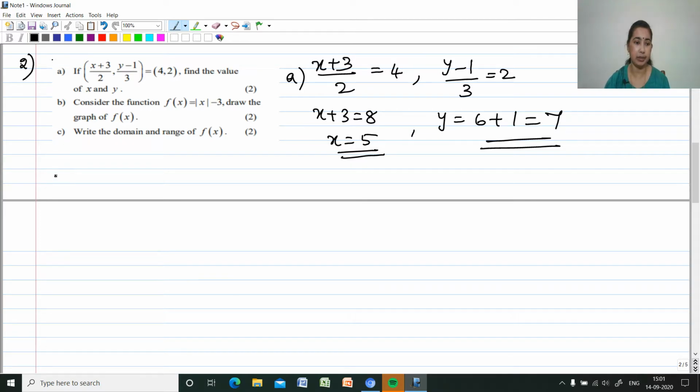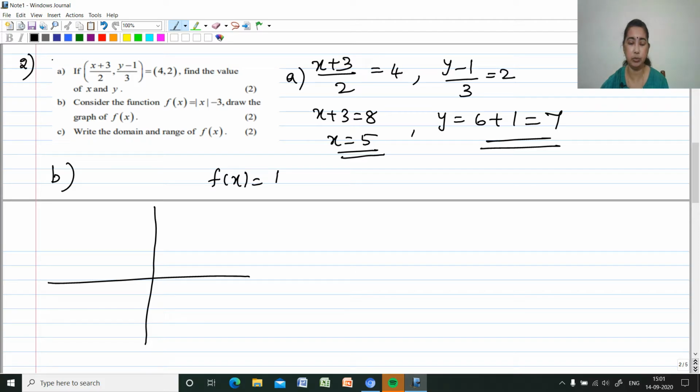Now see the second one. Consider the function f of x equal to modulus of x minus 3. How will the graph of mod x minus 3 be? If I put x equal to 0, what happens to y?